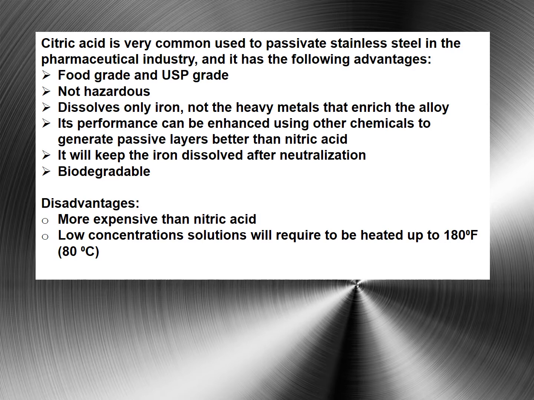It will keep the iron dissolved after neutralization. It's biodegradable. Disadvantages. It's more expensive than nitric acid, and low concentration solutions will require it to be heated up to 180 degrees Fahrenheit.